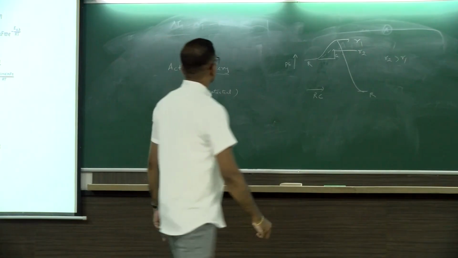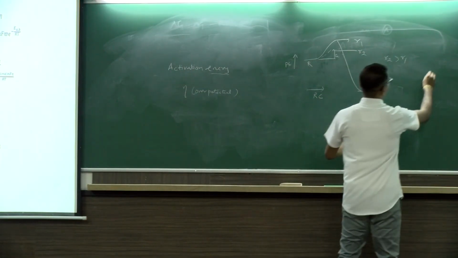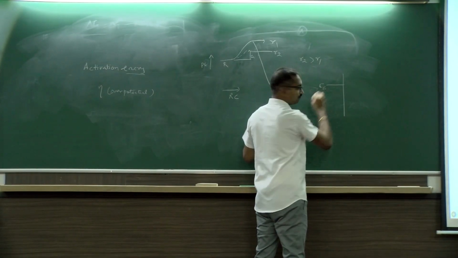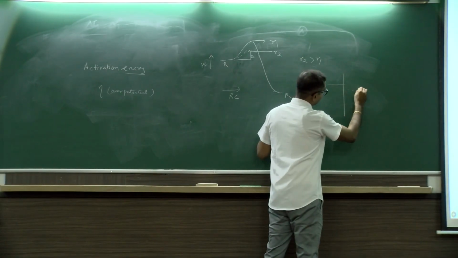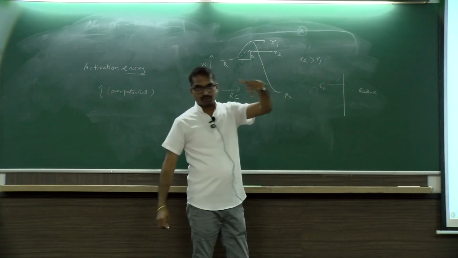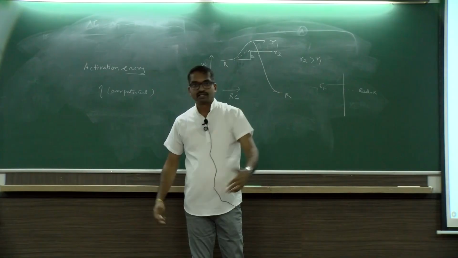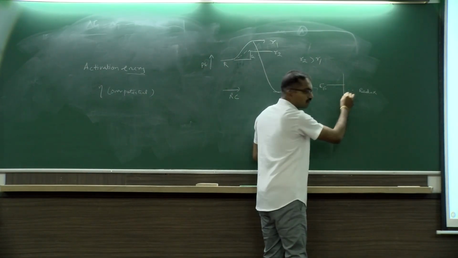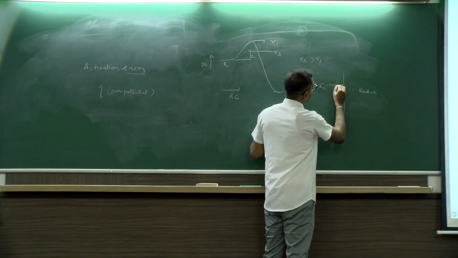So you have an electrode-electrolyte interface. This was the Fermi level of your electrode, and this was the redox energy level of your electrolyte. The moment you put the metal into the electrolyte, there is a Fermi level equilibration. Therefore, the electron jumped out from here, and then it gained positive charge.